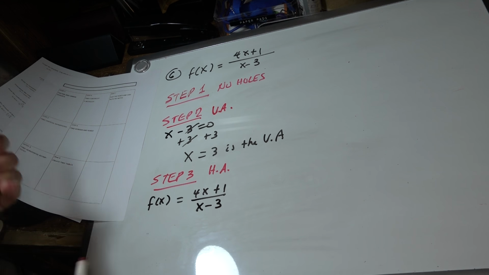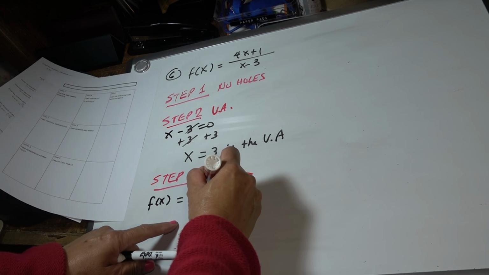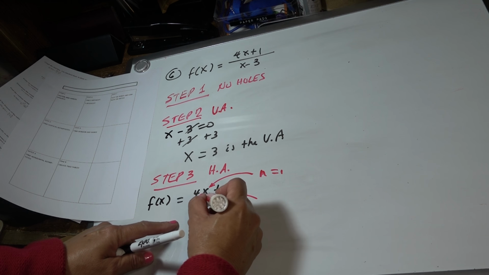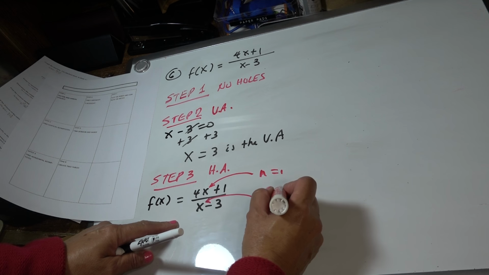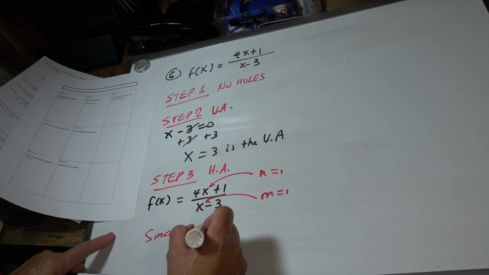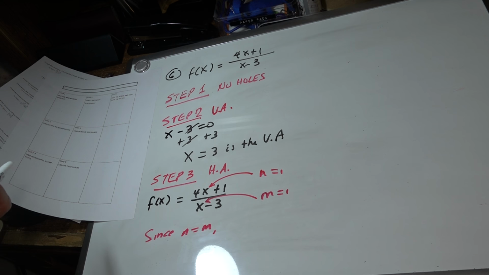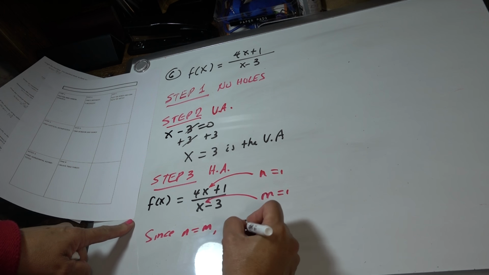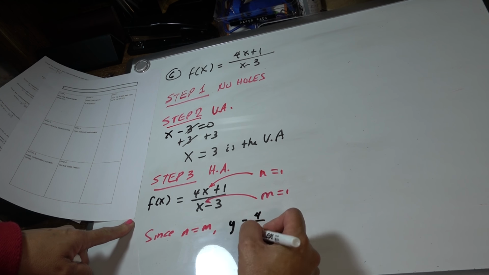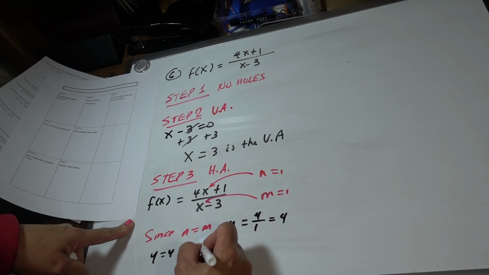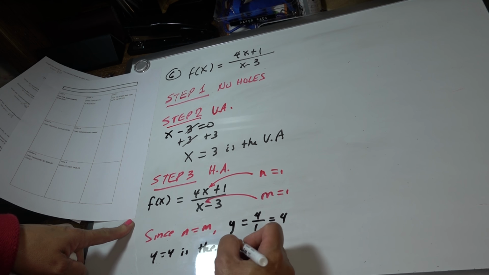The degree of the numerator is n equals 1. The degree of the denominator is m equals 1. Since n equals m, you have to divide the leading coefficients. y equals 4 over 1, which is 4. y equals 4 is the horizontal asymptote.